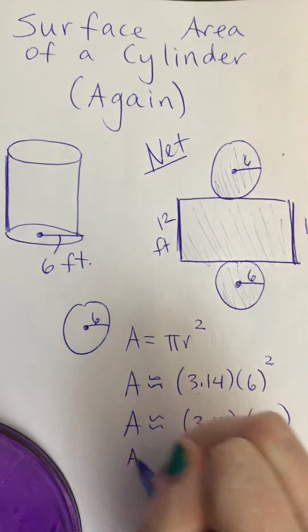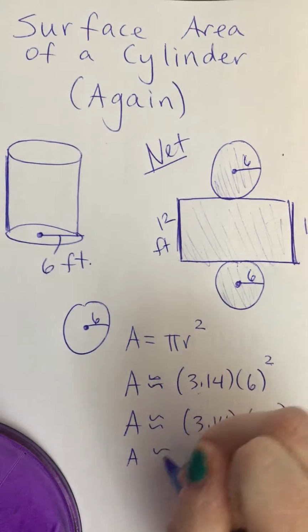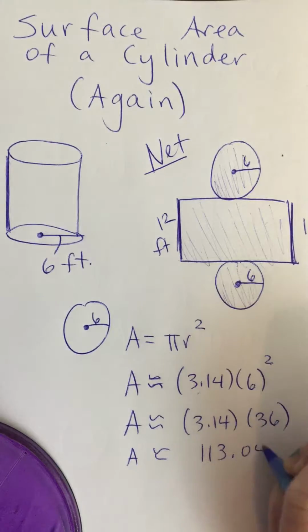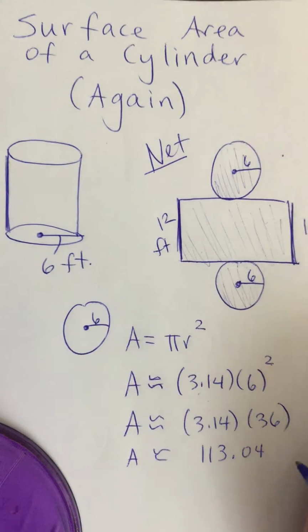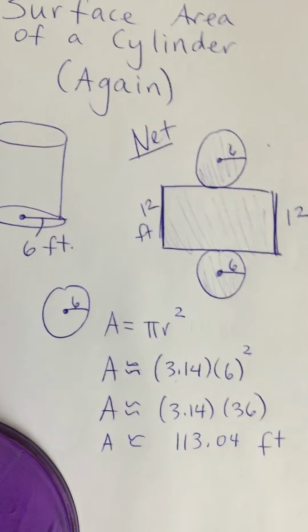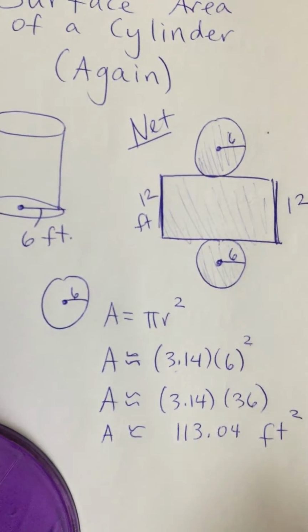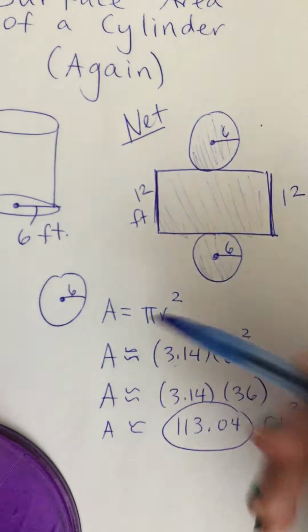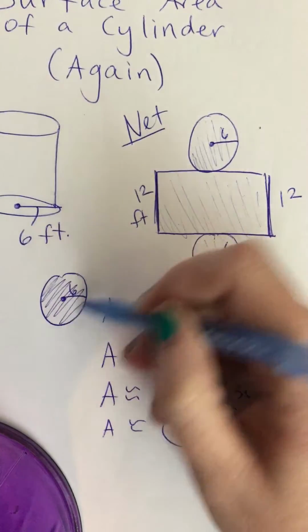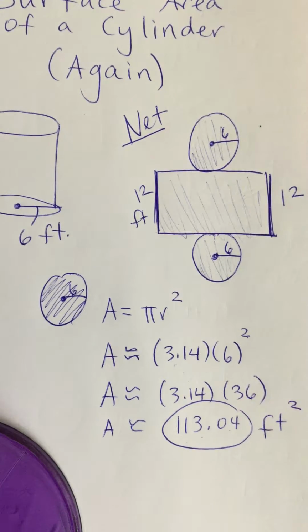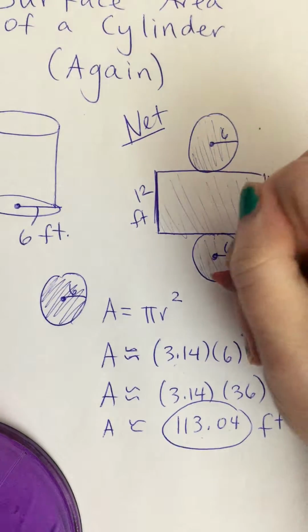Area is approximately 113.04. We could put the unit, feet, and because it's area, it would be squared. But we don't really need this right now, so I'm just going to remember this number. The flat area of this circle is 113.04. So I'm going to write that in these circles so I can remember.